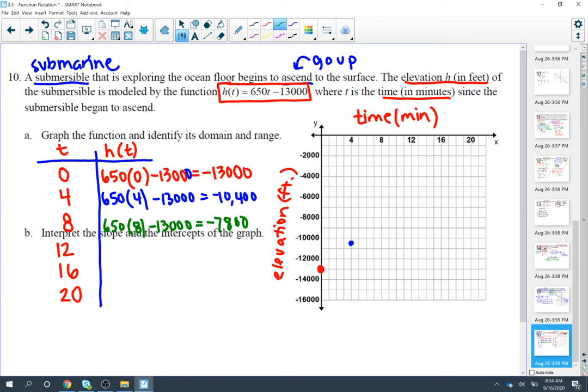So after 8 minutes, we are down negative 7,800. 650 times 12 minus 13,000 is negative 5,200. So we've got over 12 down negative 5,200.